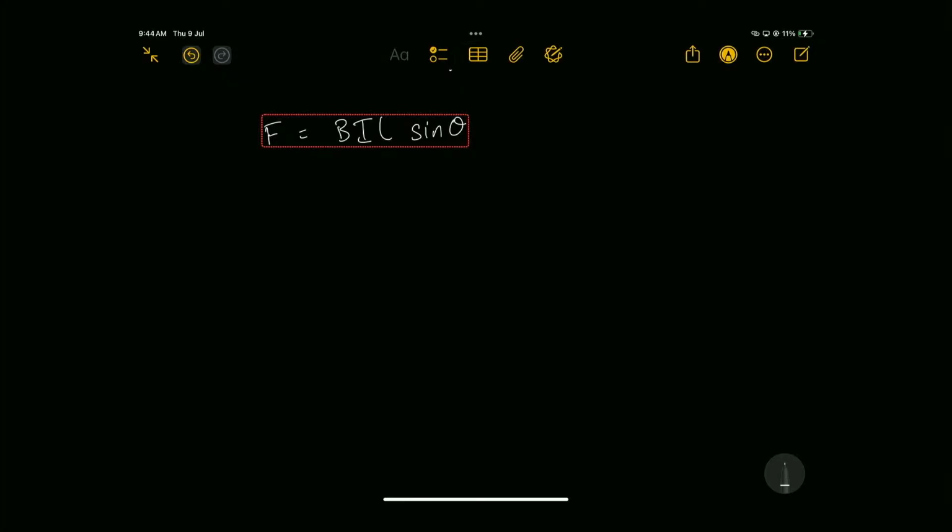Because the length of the wire is going to be used in this question. So now we need to not confuse which value to put for B in this equation. So the magnetic force on the wire is produced by the external magnetic field, right? Not the magnetic field of the wire itself.